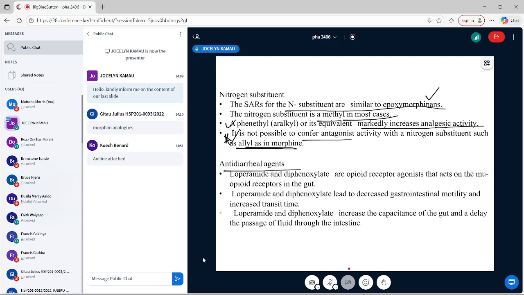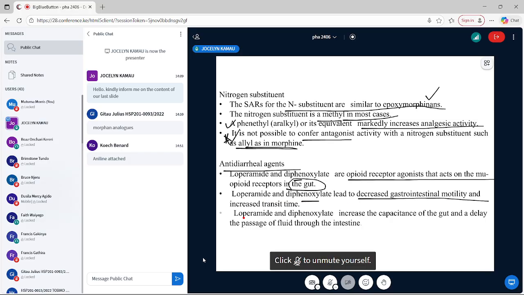Antidiarrheal agents, which we have already mentioned, loperamide and diphenoxylate, are opioid receptor agonists that act on the mu opioid receptors in the GIT. Loperamide and diphenoxylate lead to decreased gastrointestinal motility and increased transit time. They increase the capacitance of the gut and delay the passage of fluid through the intestines.